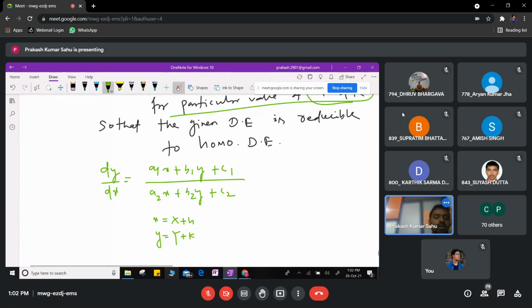So here dx is the same as capital dX and dy is the same as capital dY, because h and k are constants.